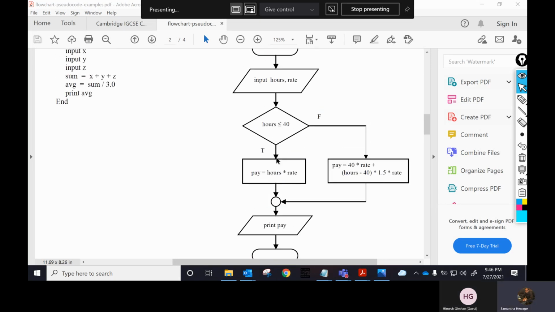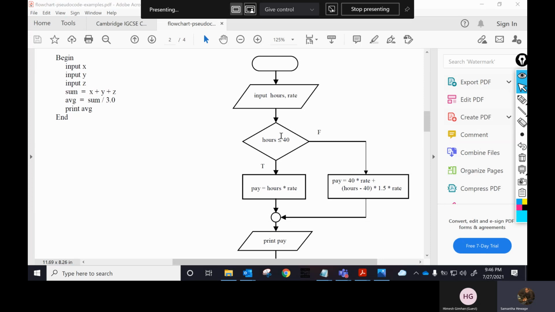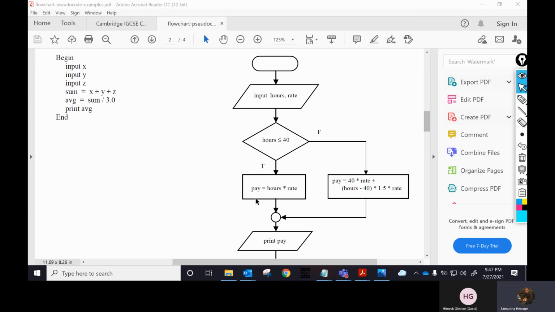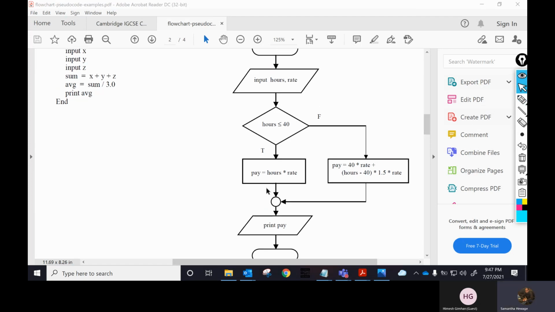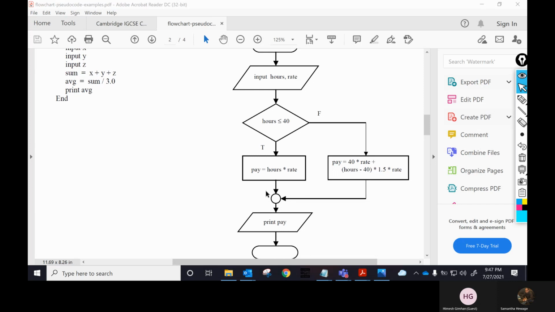Did you understand properly? Yes, sir. Can you write a pseudocode for this? Can you start? Okay, sir.